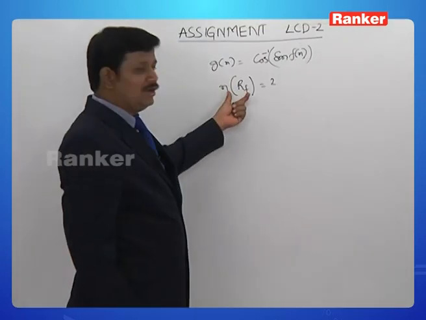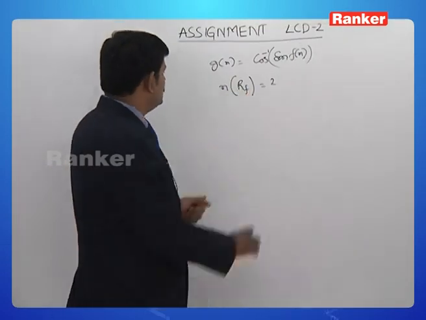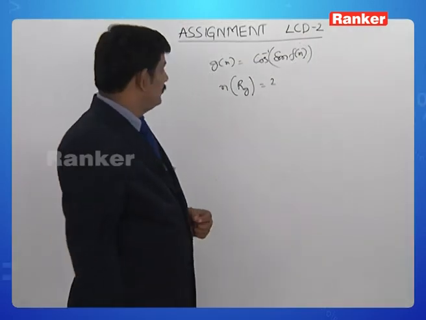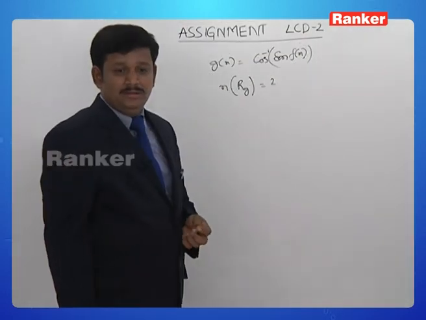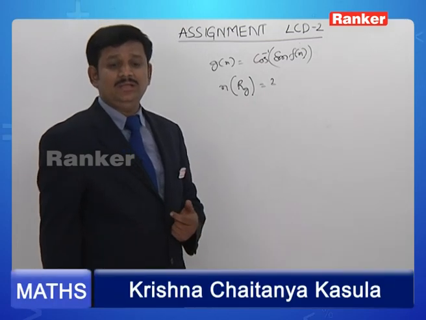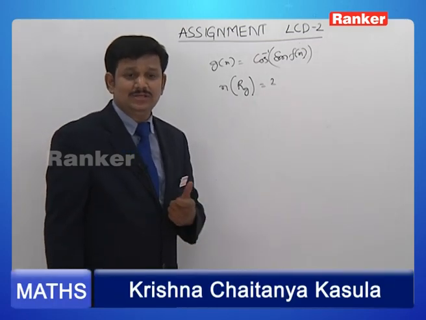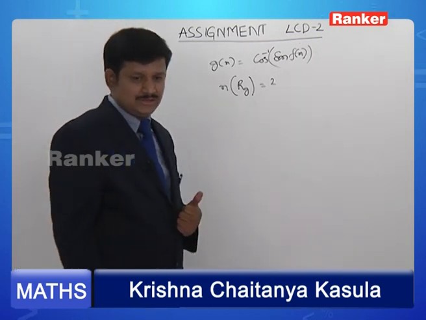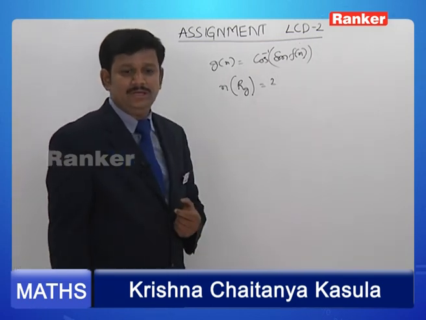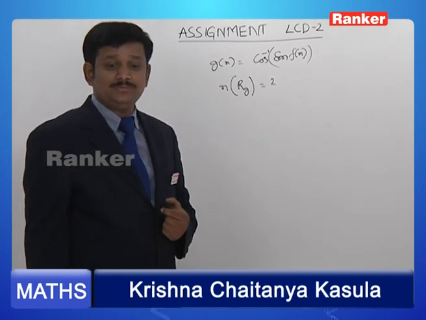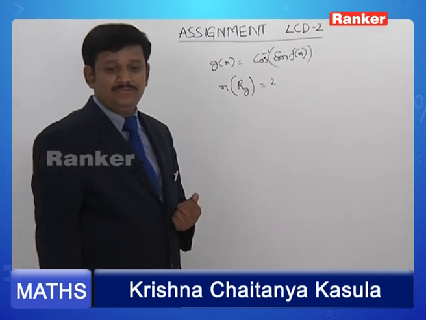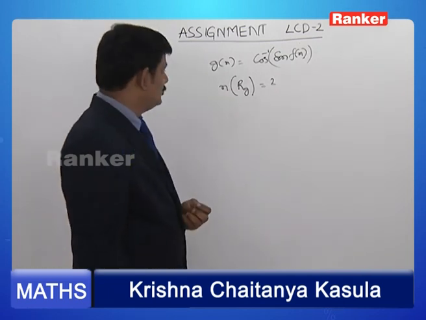So, the cardinality of the range of g is 2. Then we have to look at the options. Option A, f of x must be discontinuous function. Option B, f of x may be continuous function. So, we have to discuss the continuity of f. Option C, it is not possible to have such a function. And option D, f of x is discontinuous at finite points only.